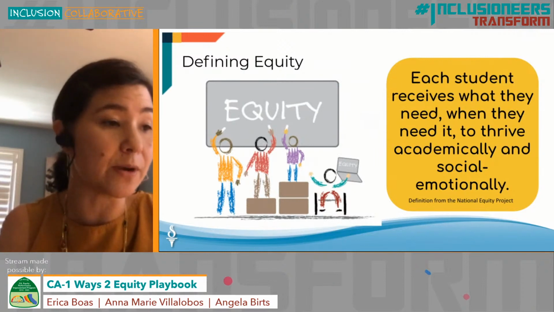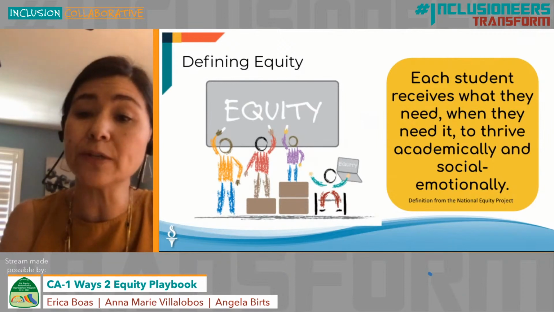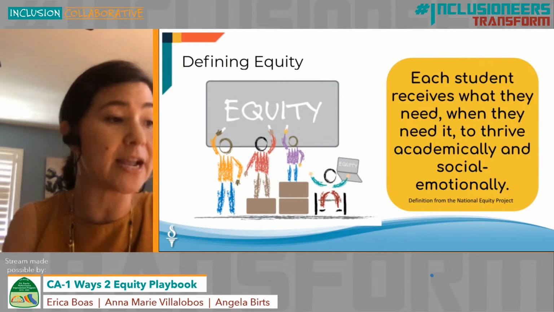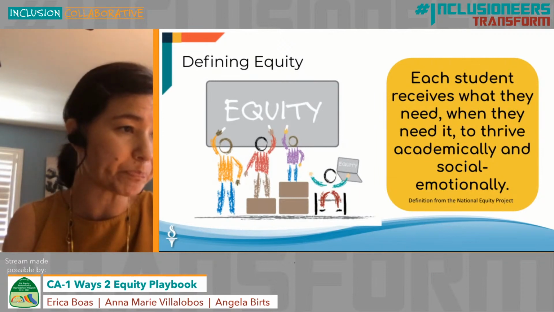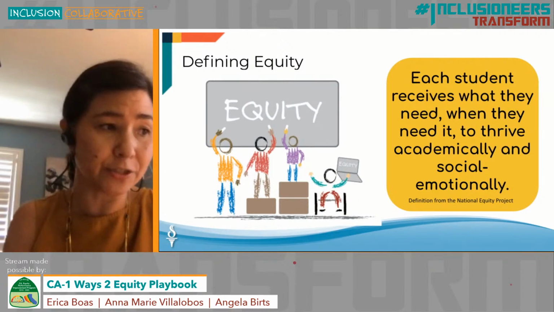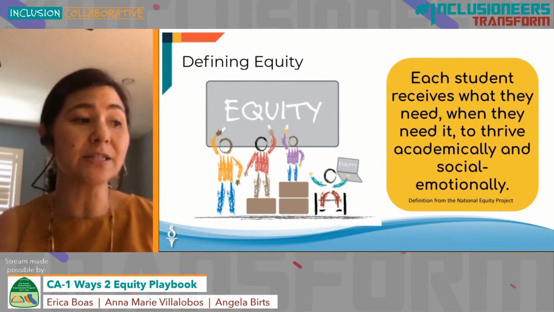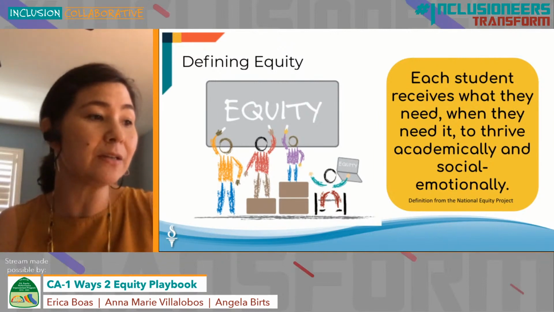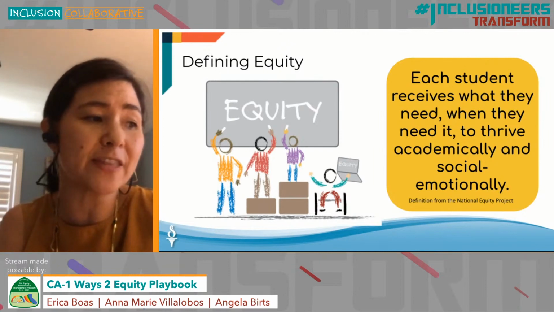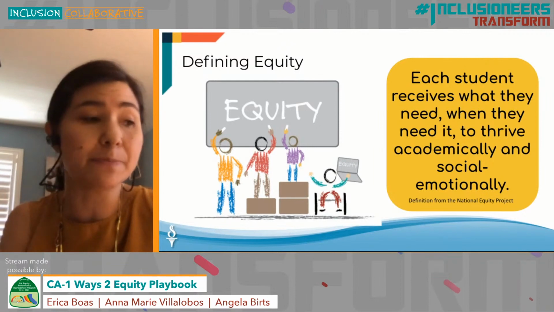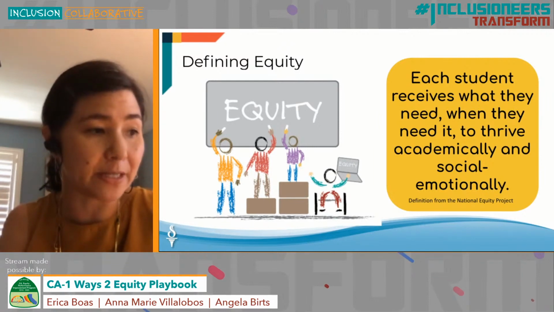We define equity as each student receives what they need when they need it to thrive academically and social-emotionally. Pedro Noguera in 2019 explained that the true meaning of equity is, quote, acknowledging students' differences and giving them what they need to be successful. It also means staying focused on outcomes, both academic and developmental.